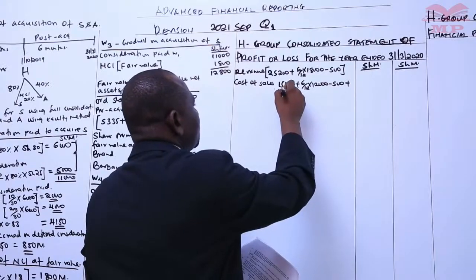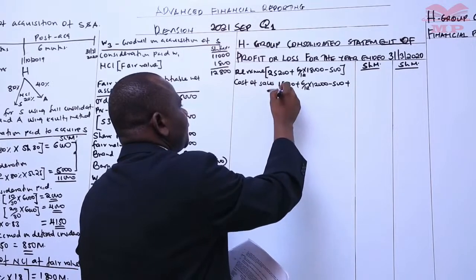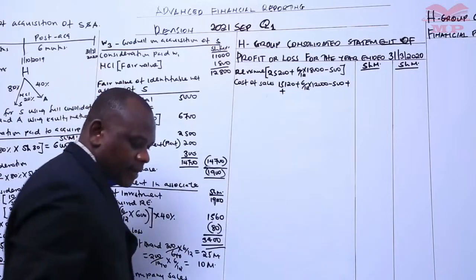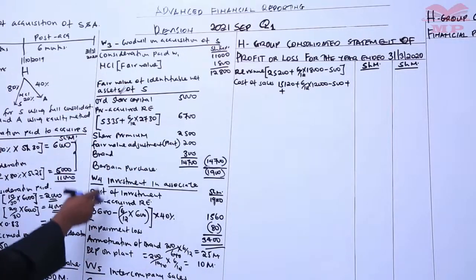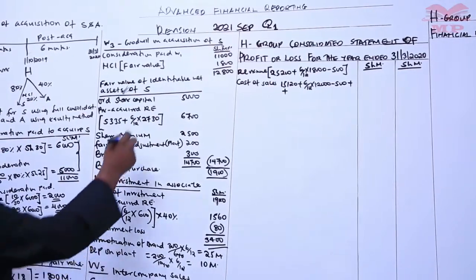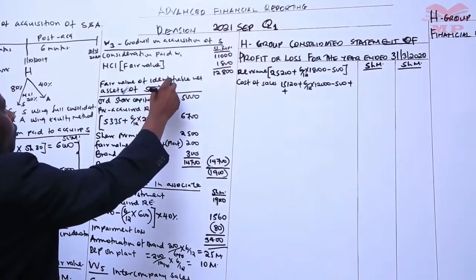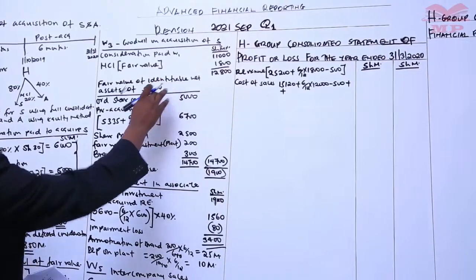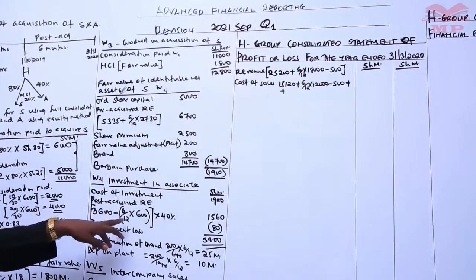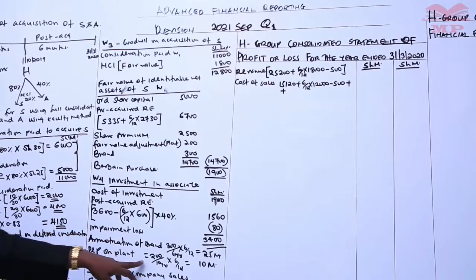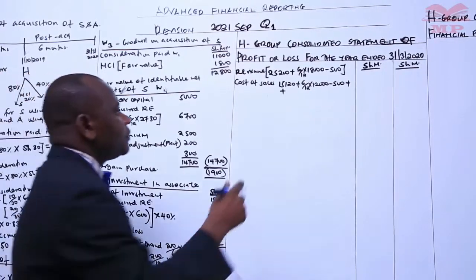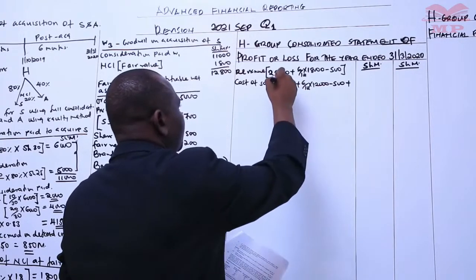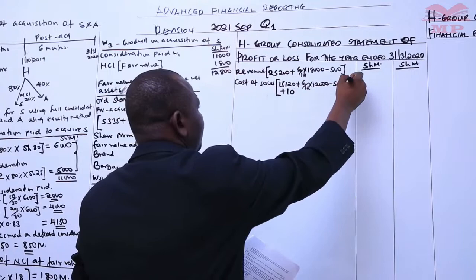So the depreciation on plant that we just calculated under working 3, we have depreciation on plant of 10 million. So plus 10.